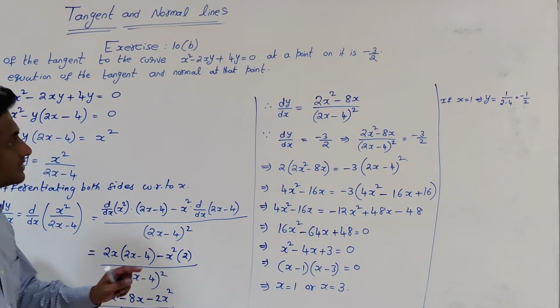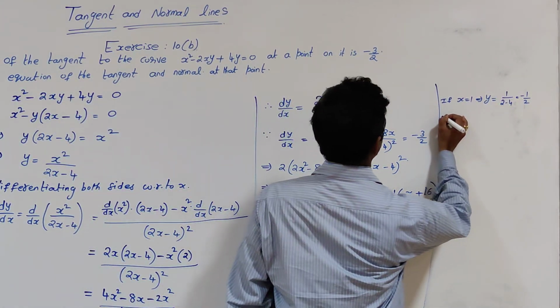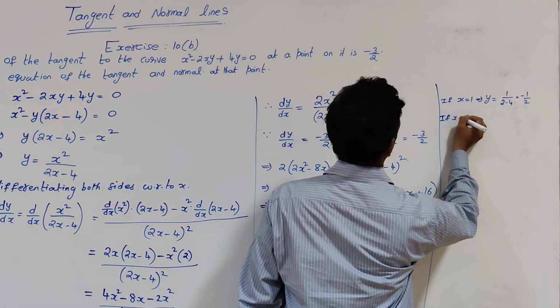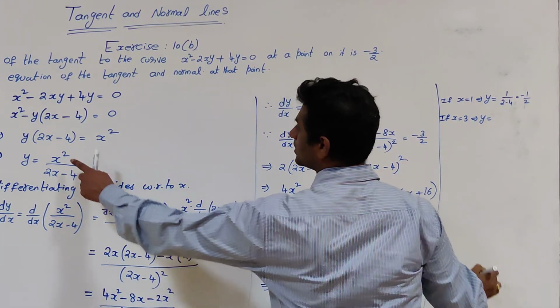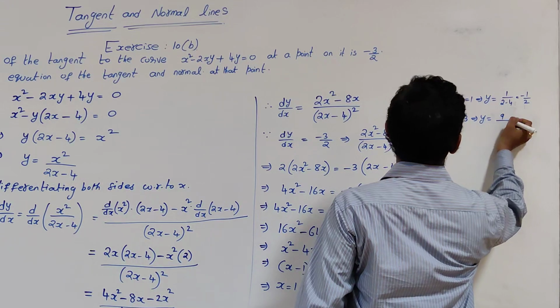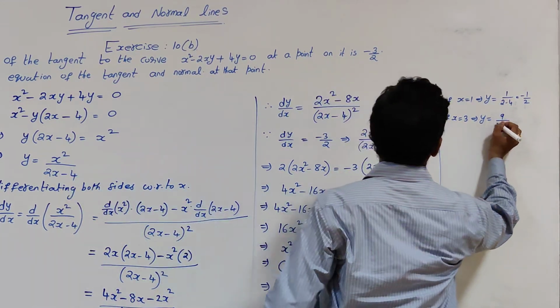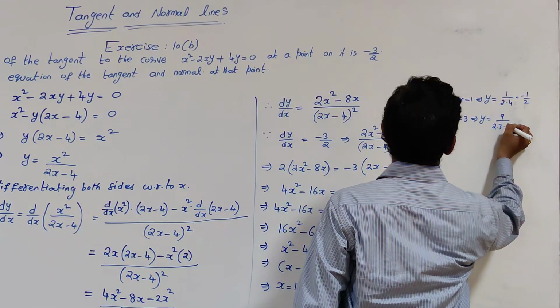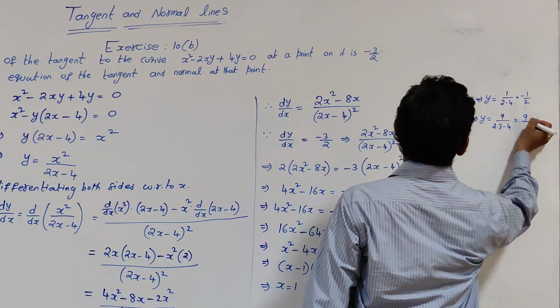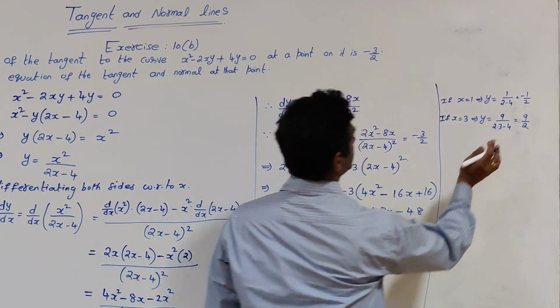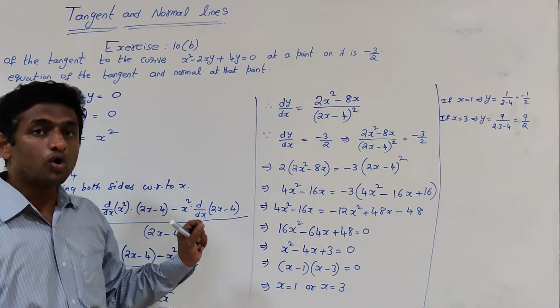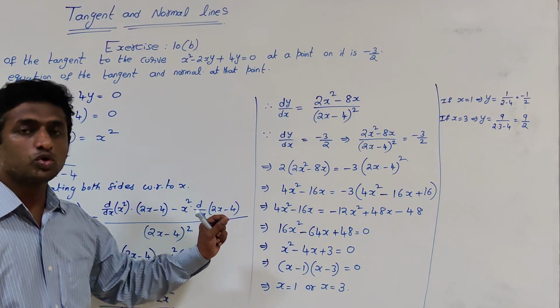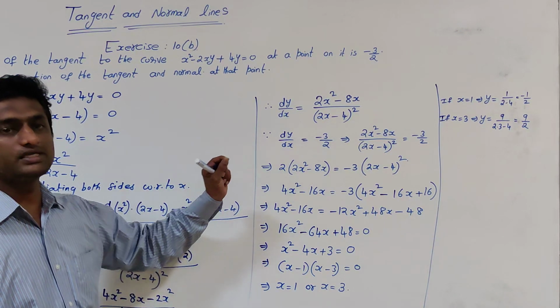And if x is equal to 3, then y will be 3 square, 9, by 2 into 3 minus 4, which is 9 by 2, because 2 threes are 6, and 6 minus 4 is 2. So what are the points at which the slope of the curve is minus 3 by 2?